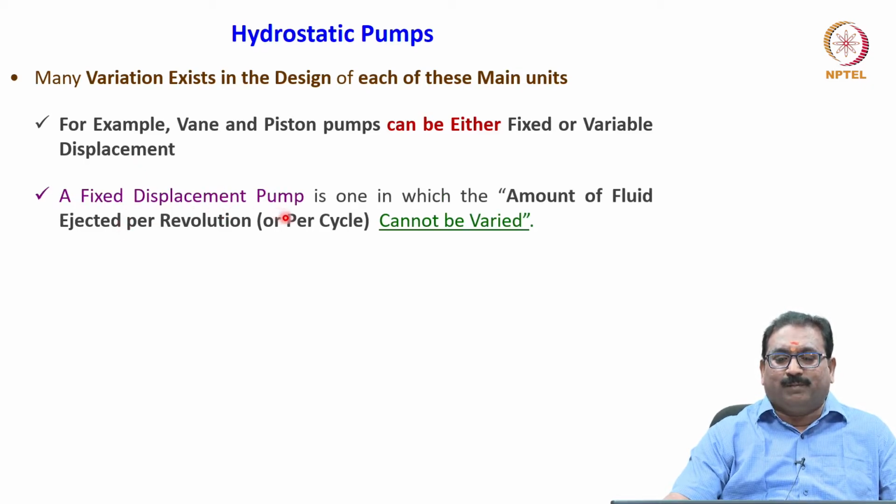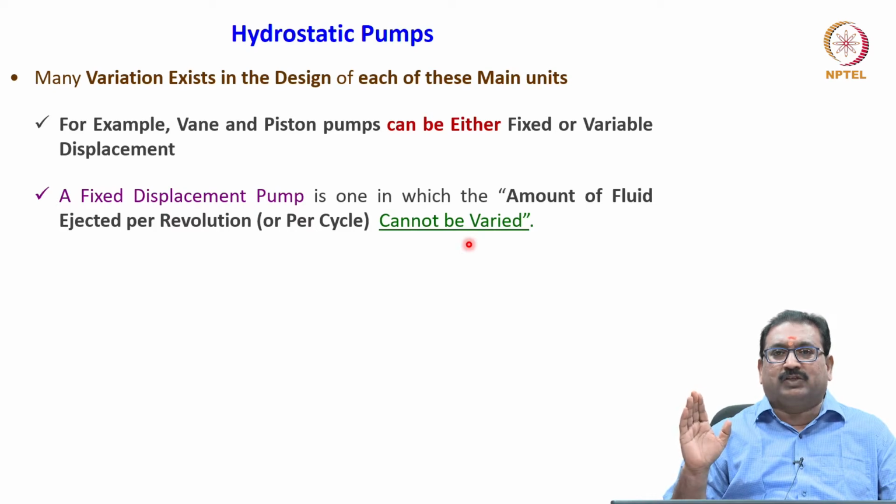A fixed displacement pump is one in which the amount of fluid ejected per revolution or per cycle cannot be varied. If you buy a fixed displacement pump, that is it. The designer or manufacturer fixes the relative motion between one element and another. You cannot change it, cannot vary it, that is why flow cannot be varied.